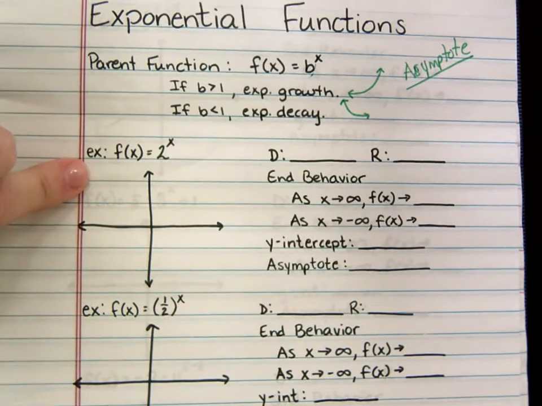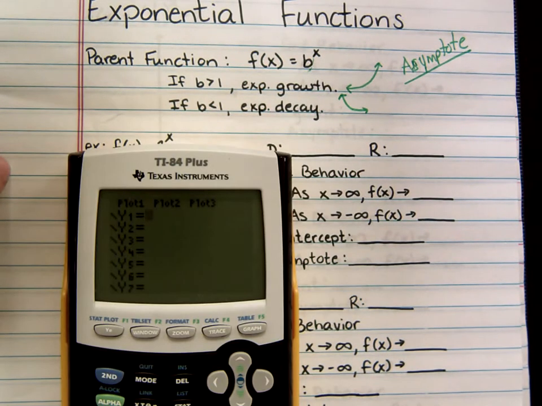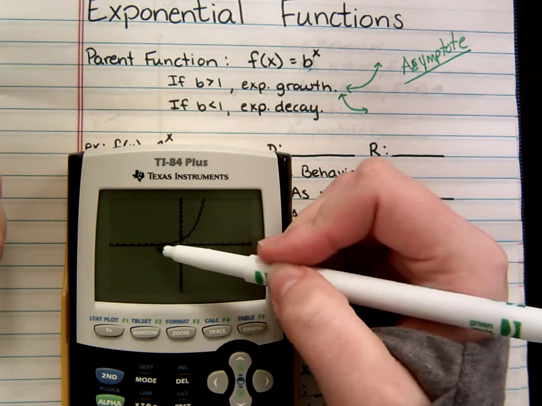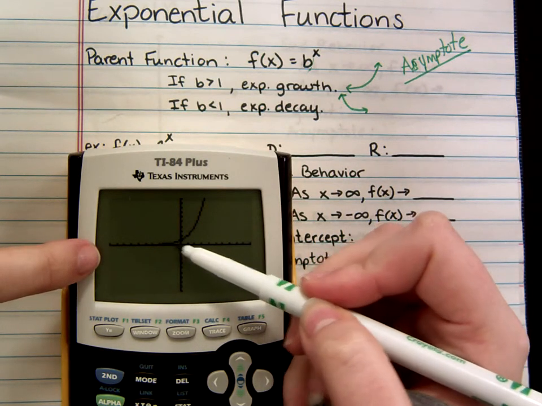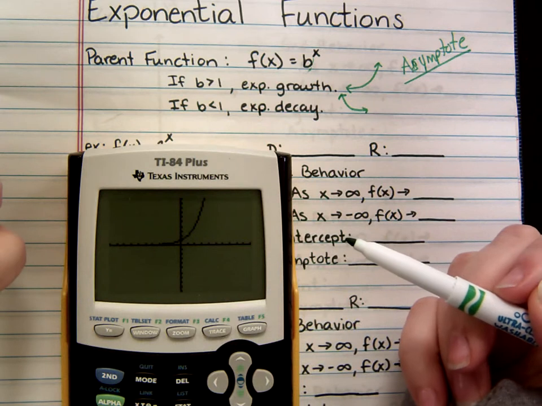So let's take a look at an exponential growth function, 2 to the x power, and let's look at the graph of this. Now, you can see that it's an exponential growth like I showed here. But you might also notice that we don't see anything below the x-axis.